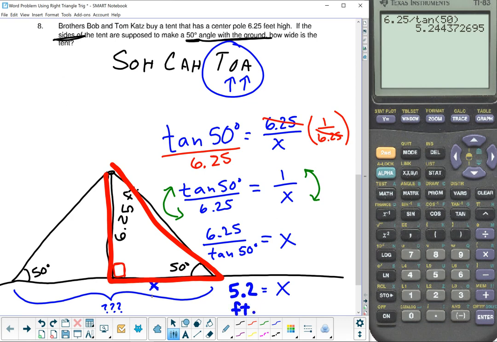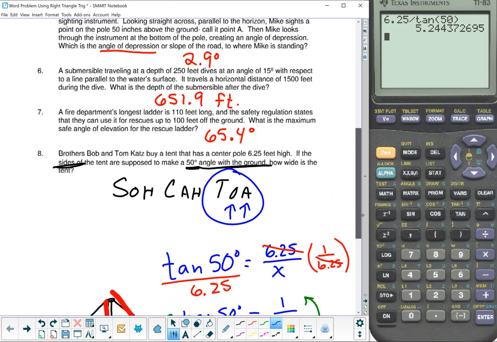And if this side is 5.2 feet, the other side is also 5.2 feet, so the total is going to be 10.4 feet, because we need both sides of it.